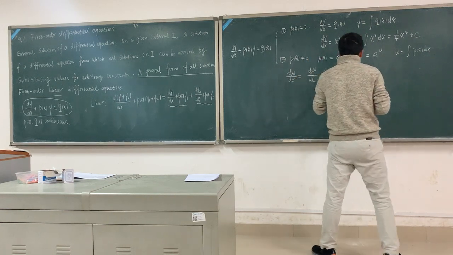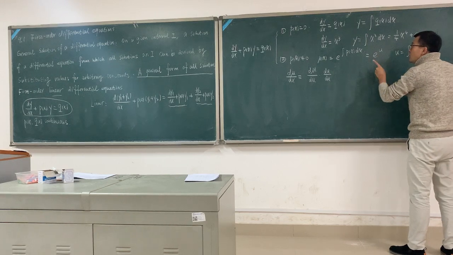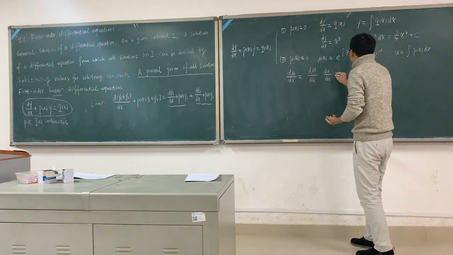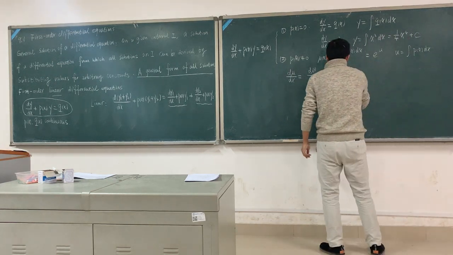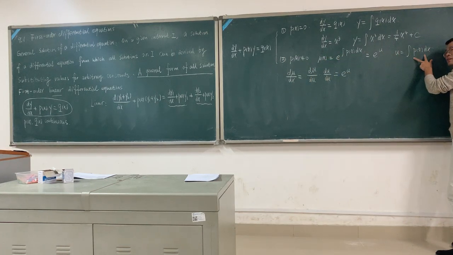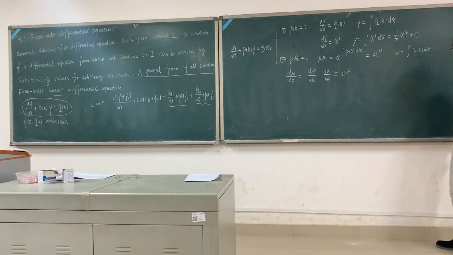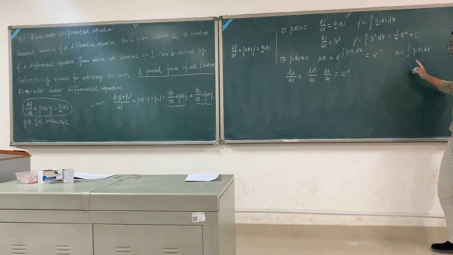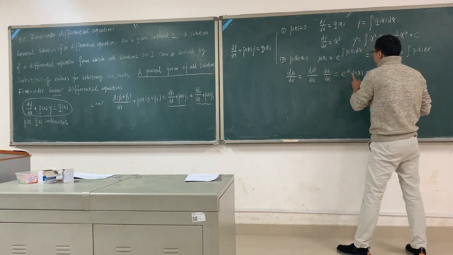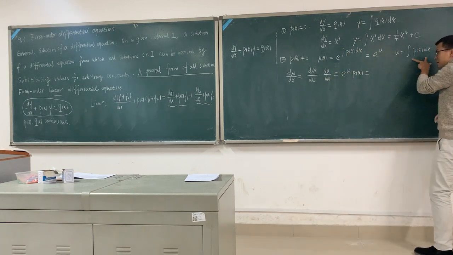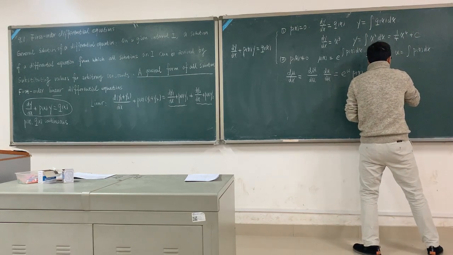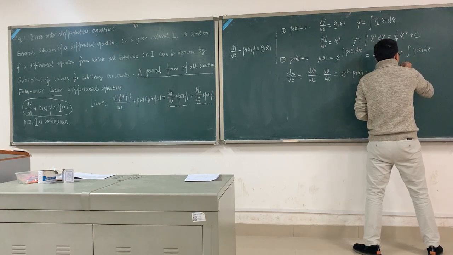Since mu equals e to the u power, d mu du is e to the u power. And since u is the antiderivative of p(x), du dx is p(x). So this equals e to the u power times p(x). Replacing u by the antiderivative, this equals p(x) times e to the power of the antiderivative of p(x) dx.